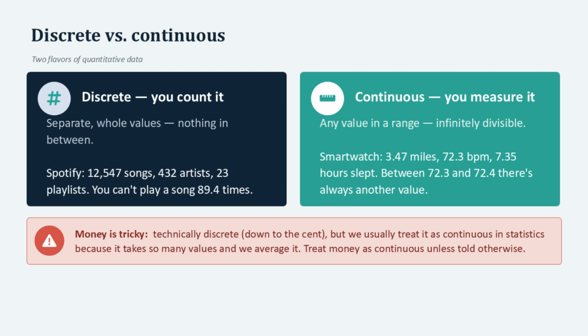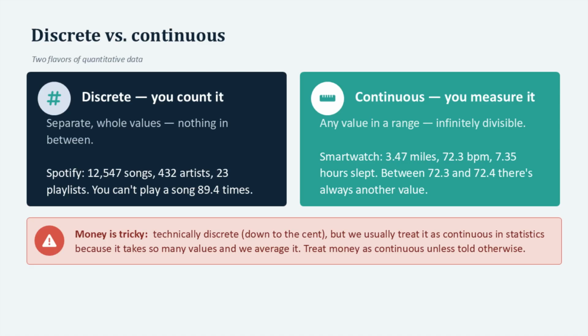On the left, we have discrete data. Discrete data is data that we count. It comes in separate, distinct values, usually whole numbers, with nothing in between. Look at the Spotify example. You played 12,547 songs. You listened to 432 artists.